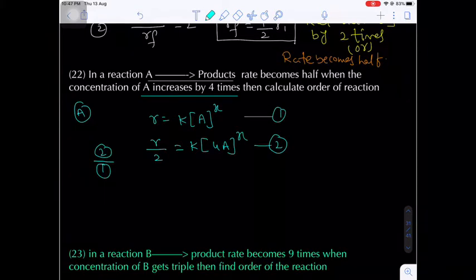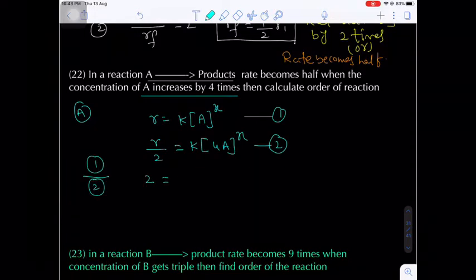So on the left hand side, equation 2 will be R by 2. Otherwise equation 1 divided by equation 2, you will get 2. Are you getting my point?